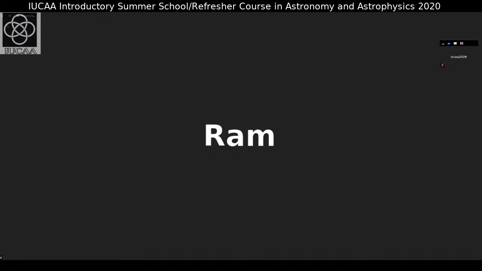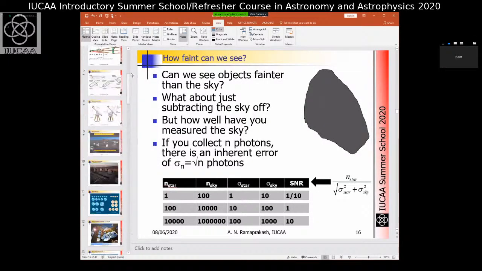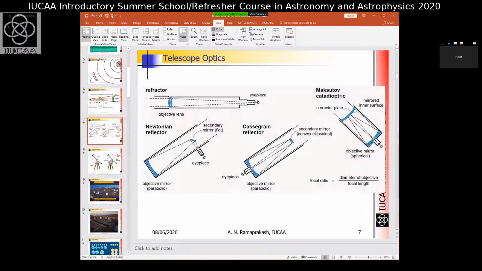Let me share my screen here and go to that slide. I will not make it full screen for now. So you can see the Newtonian telescope. The main advantage of this telescope is it is just one mirror. That is the main optics.